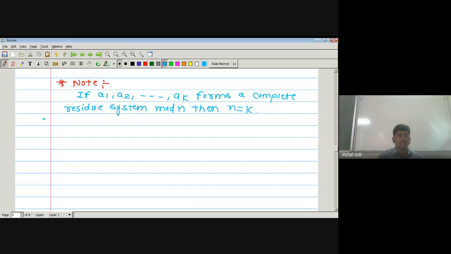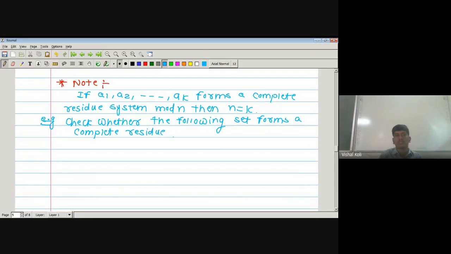For that, let us take examples. Check whether the following set forms a complete residue system modulo 6.